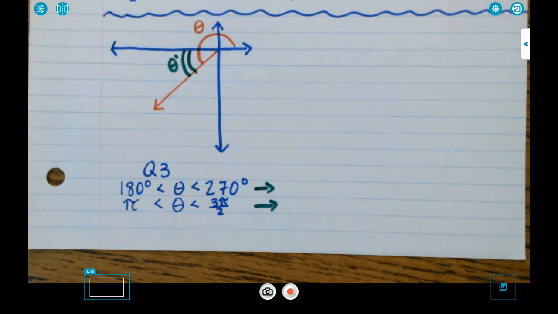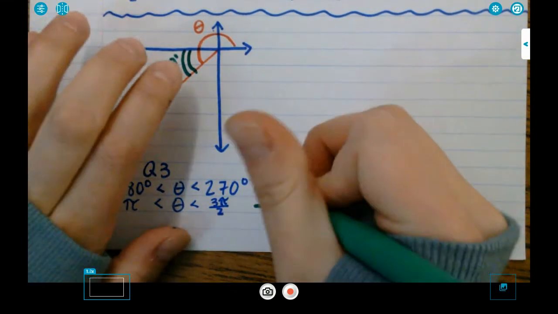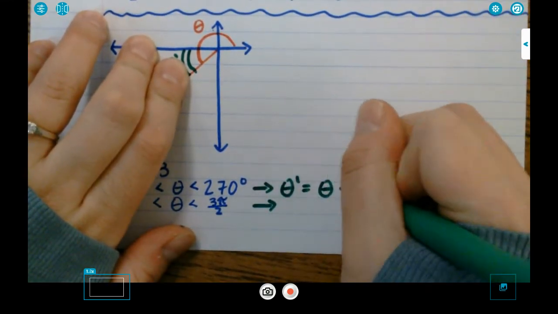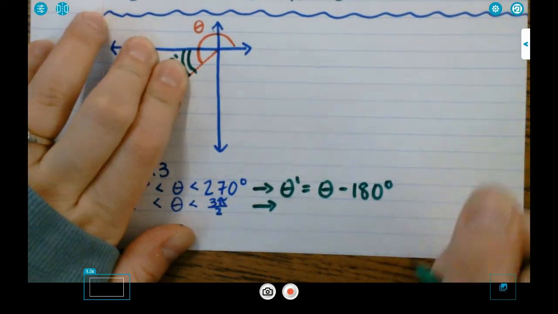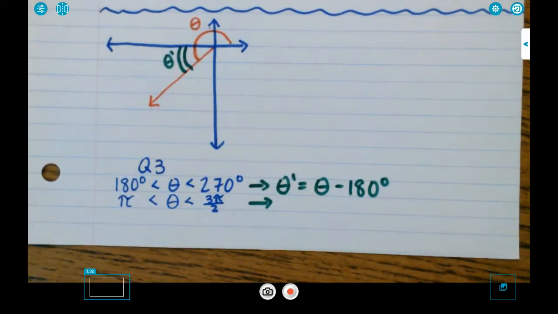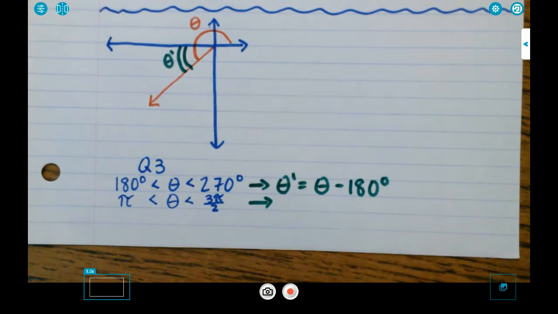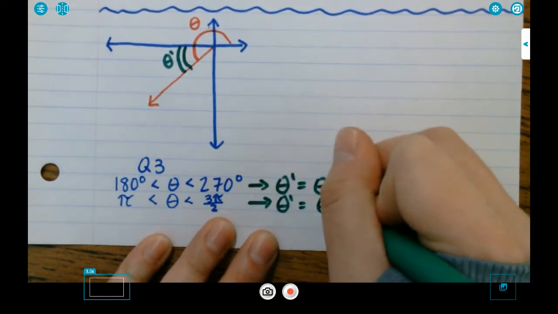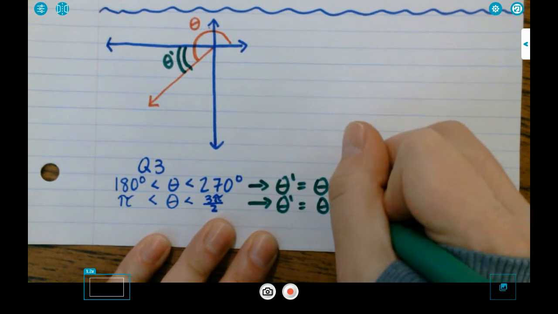So our theta prime is theta minus 180, or in radians, theta prime would be theta minus pi.